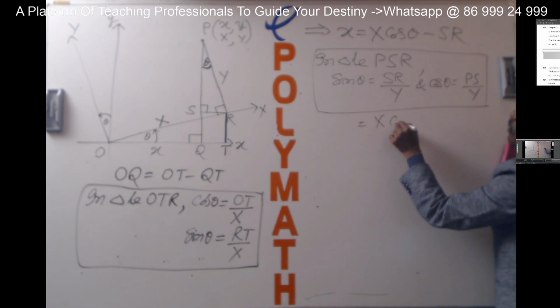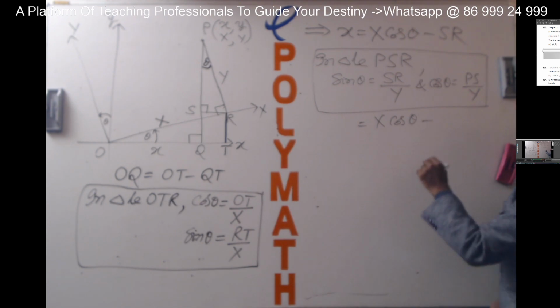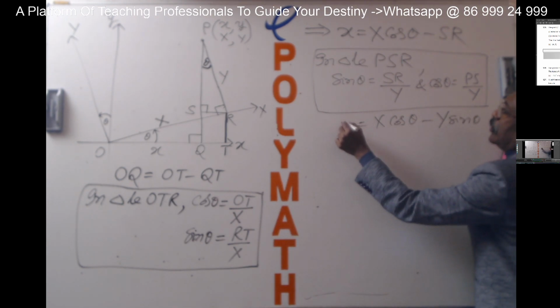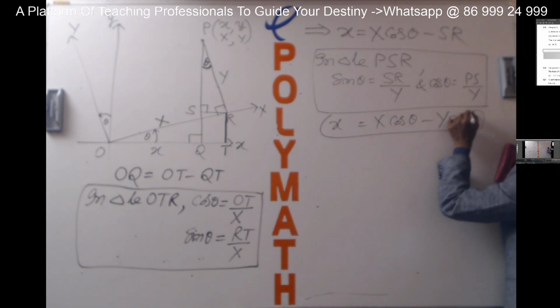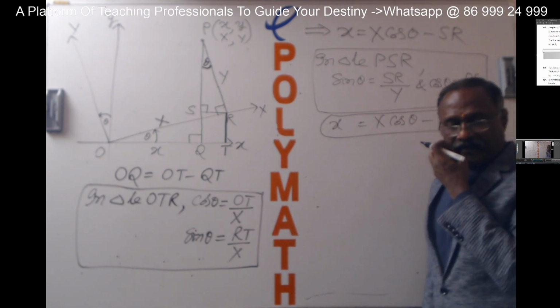Now x cos theta minus SR. What is SR here? Y sin theta. So you have got small x.